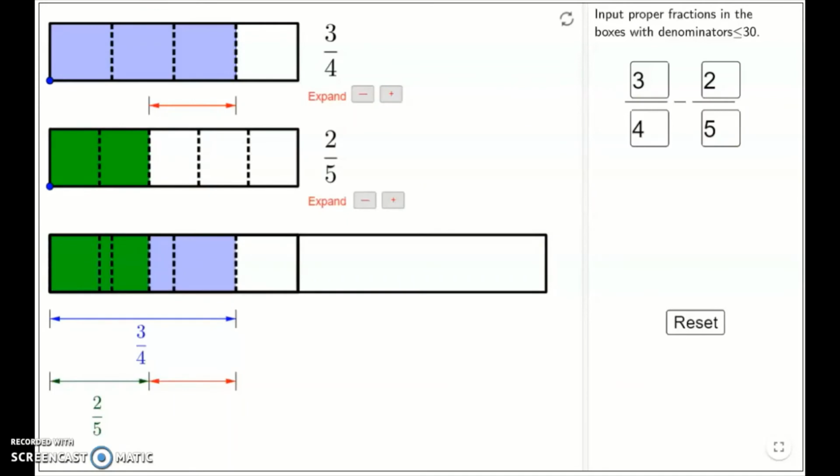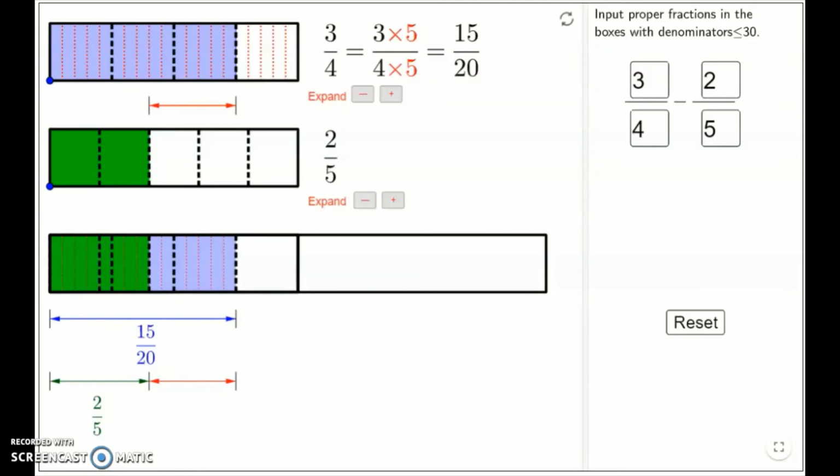So I need to find the lowest common multiple, the first number in both the 4 and the 5 times table. If I double 4, I get 8, 12. If I treble it, if I multiply it by 4, I get 16. And if I multiply it by 5, I get 20. And that's the first of those numbers in the 5 times table.